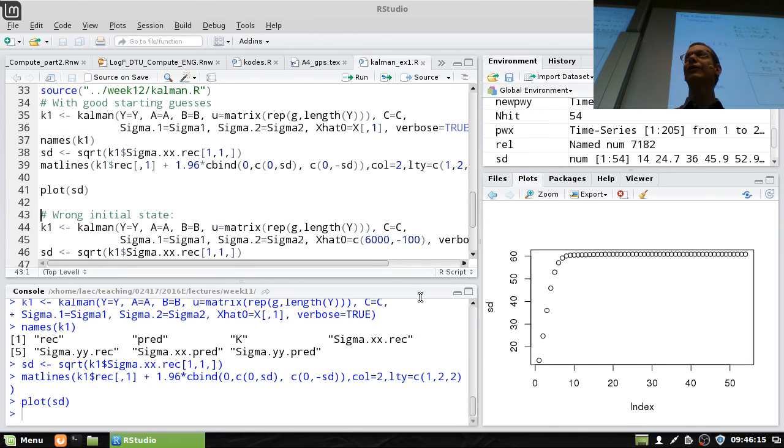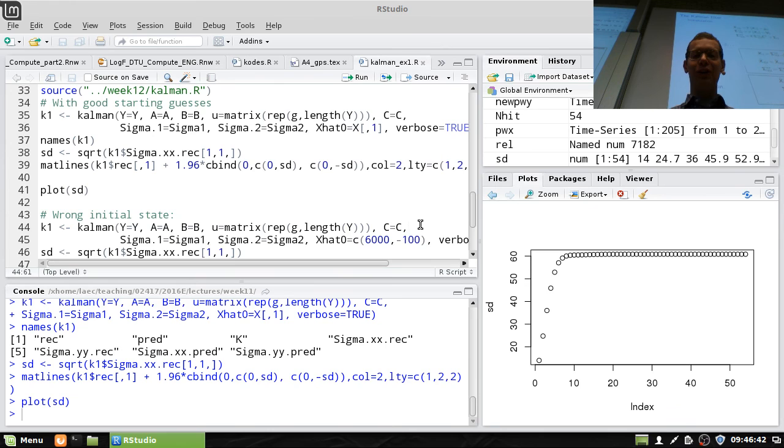And if you look at the standard deviation of our reconstruction, after a short while, say 10 observations here, it converged to a stationary level. So what I will show now is, even though I started somewhere totally wrong, the correct position was 10,000 meters above with no velocity.